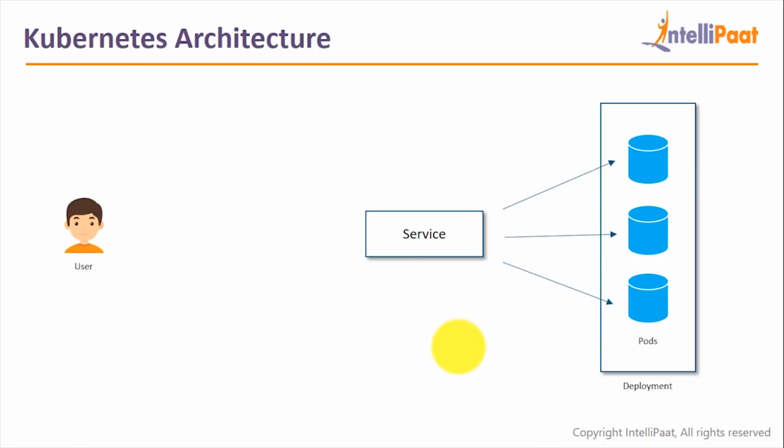So basically, a service is nothing but an internal load balancer which will be catering to your request. The moment you go to Intellipaat.com, it will point to an IP address, and that IP address would point to the service, which will internally load balance your request to any of the pods which are available over here.